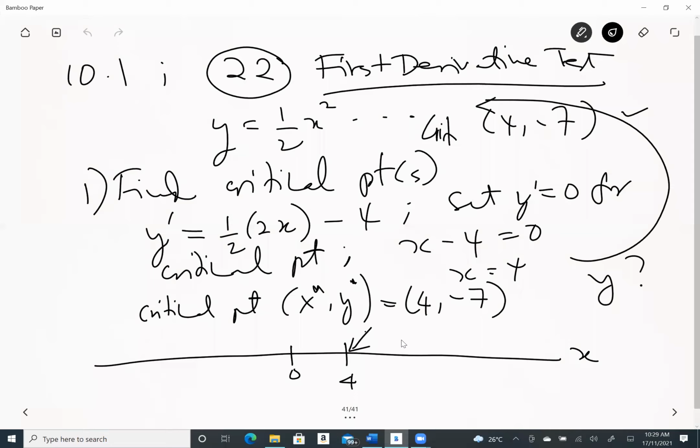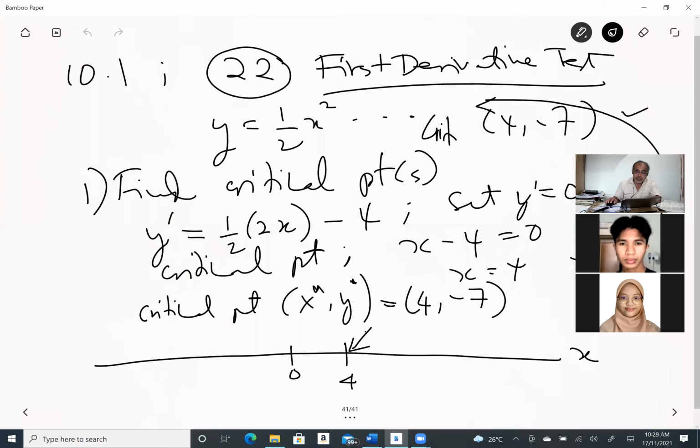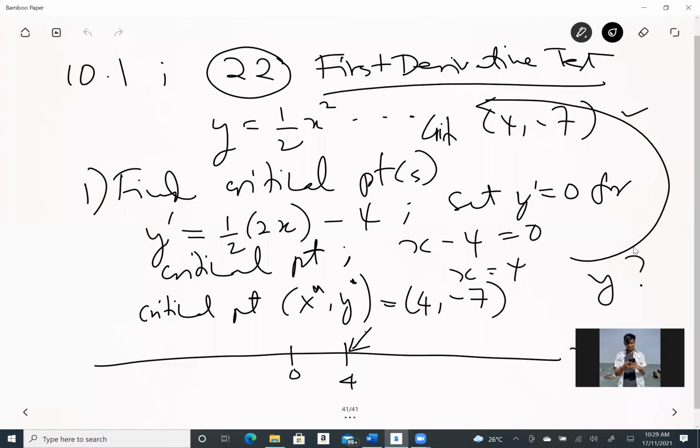So if we have the critical point 4, -7, what are the intervals that we have? Okay, somebody. One Samir. What are the intervals? Can you give me one interval? What was given was only 1 point.